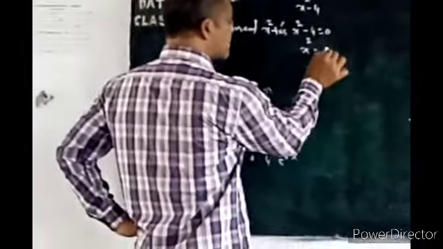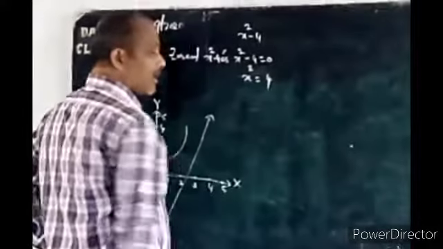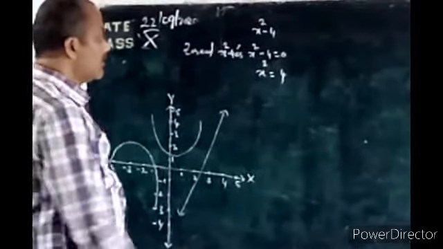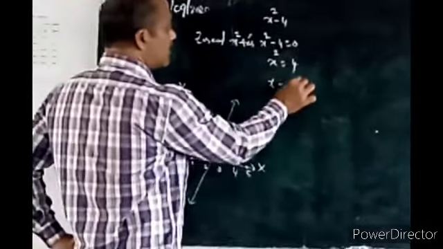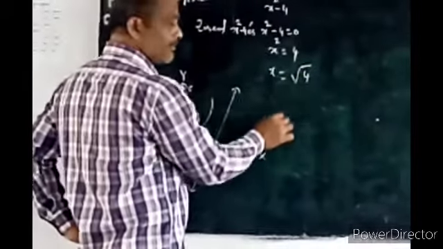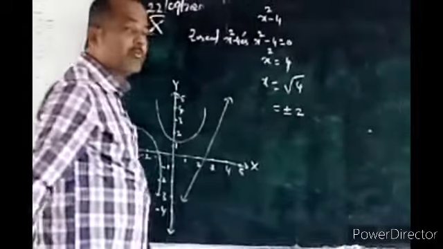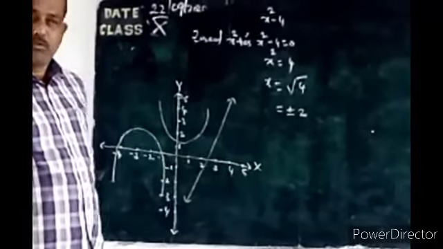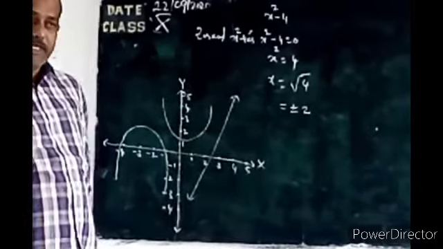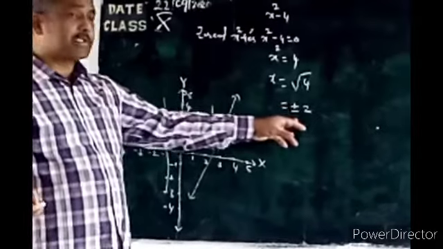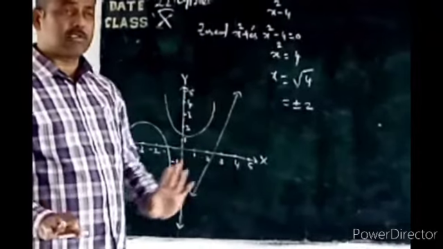While transposing, x square is equal to 4, the minus becomes plus. Now x is equal to under root 4, and root 4 is plus or minus 2. Here we get 2 zeros.